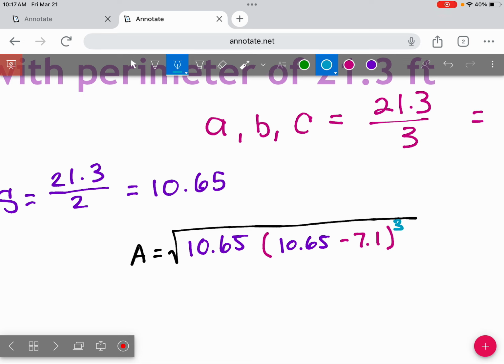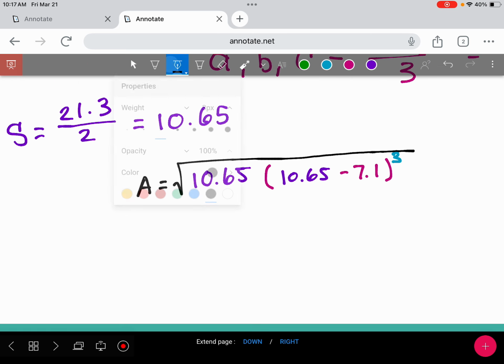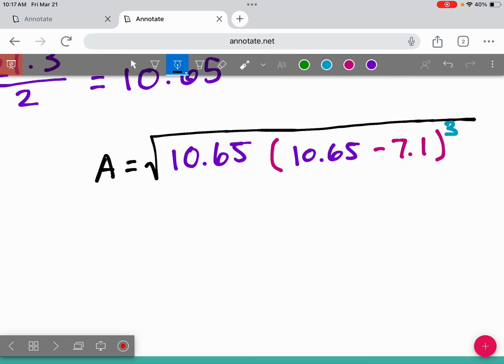Absolutely valid. We could cube it. You could also write it out each time, that's totally fine too. But since it's the exact same side length, we can write it like that. It makes it a little easier to type in the calculator because this one's a little bit decimally. Either way, what are we going to get as our area? 21.8.